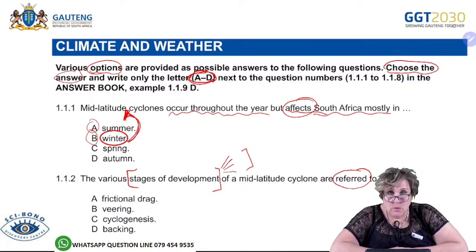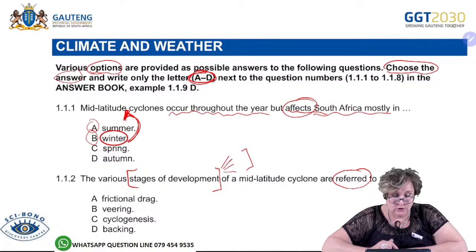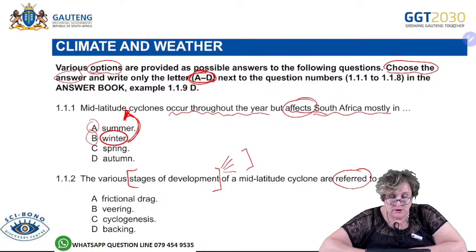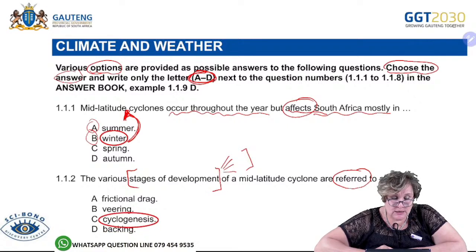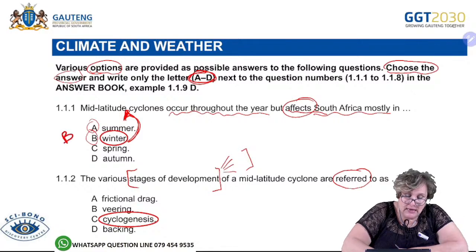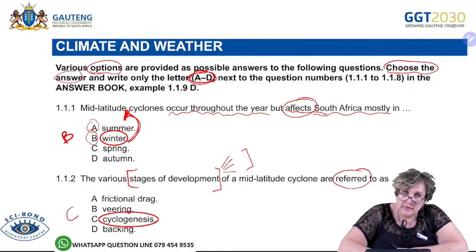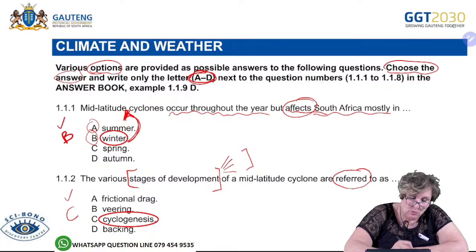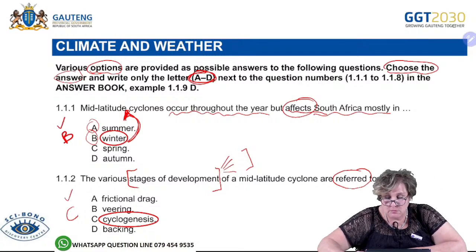It is in winter that the cold front moves over the country. 1.1.2, the various stages of development of a mid-latitude cyclone are referred to as cyclogenesis, or C. So my answer here will be B, and here it would be C. And for each one of them, you will get 1 mark.